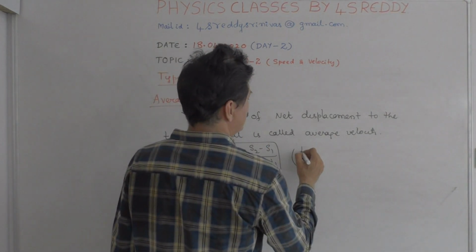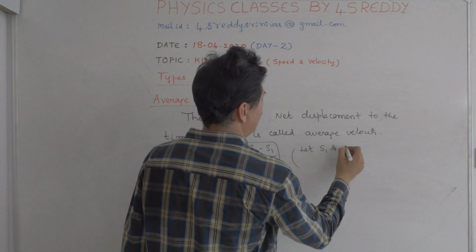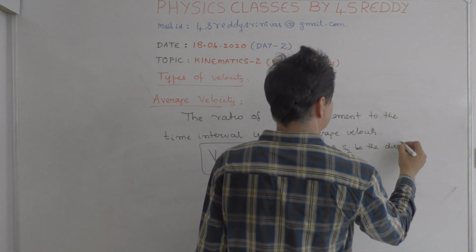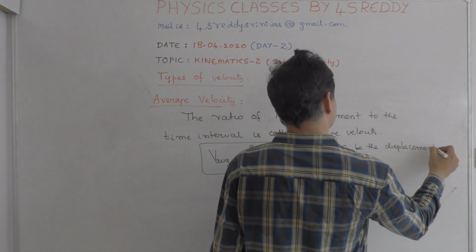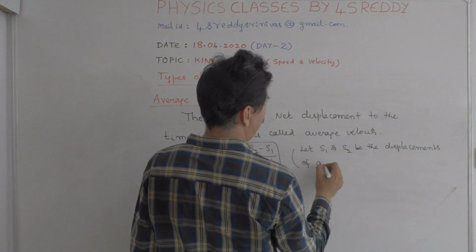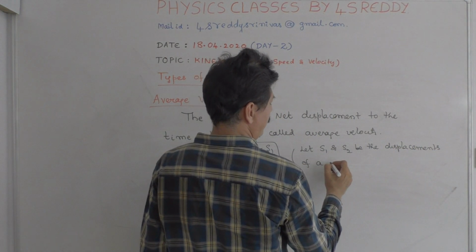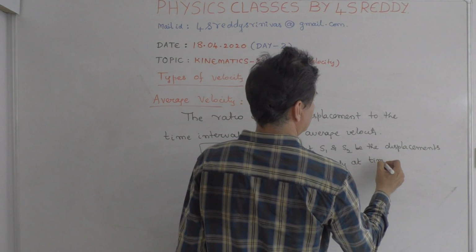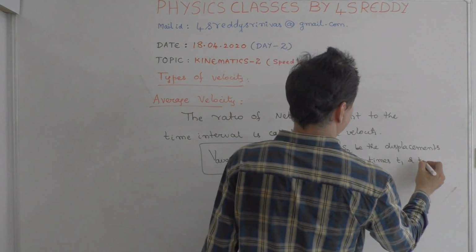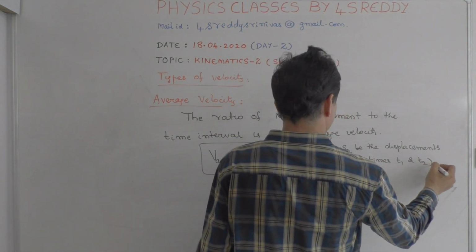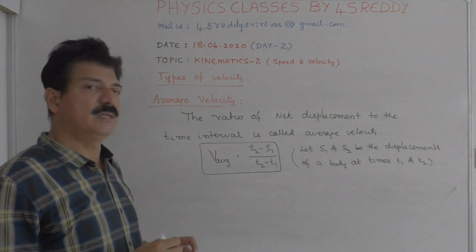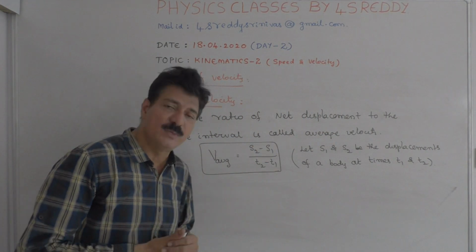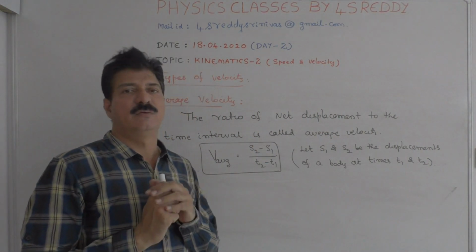That means, if you assume S1 and S2 are the displacements of a body at times T1 and T2, then the net displacement divided by the time interval is nothing but the average velocity.